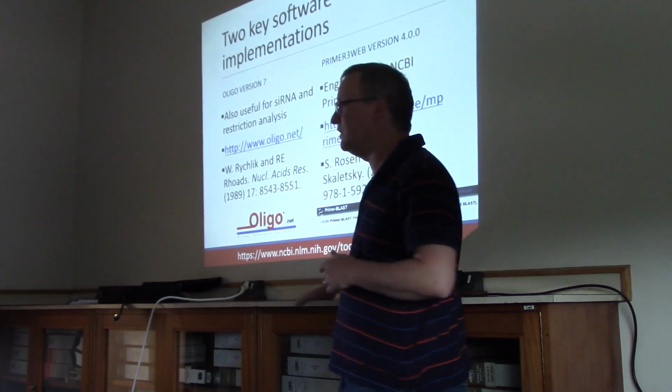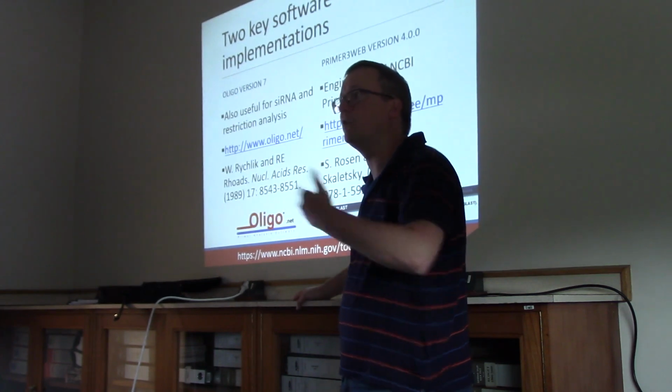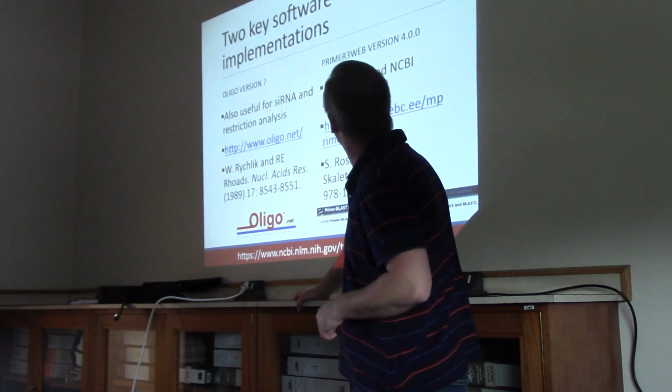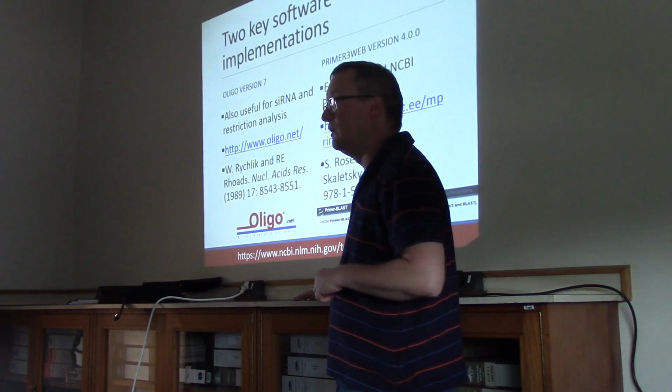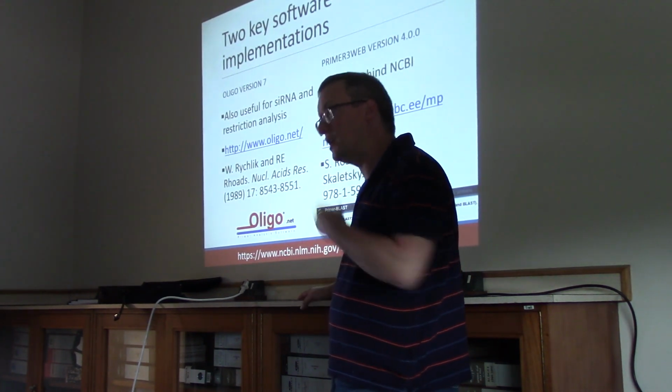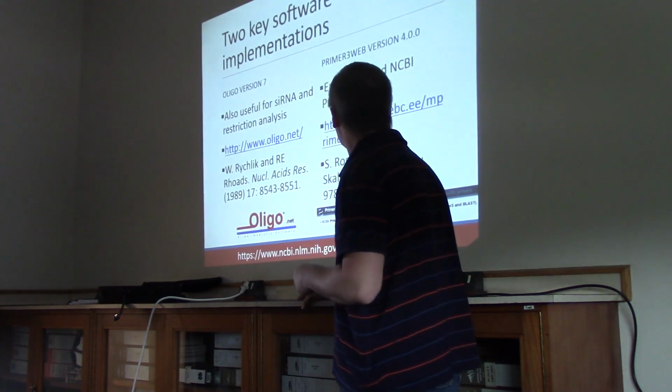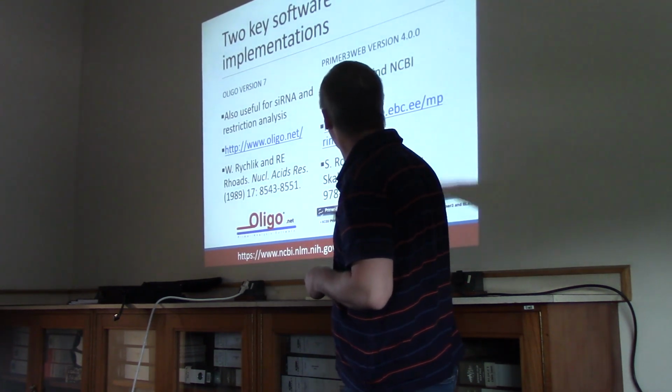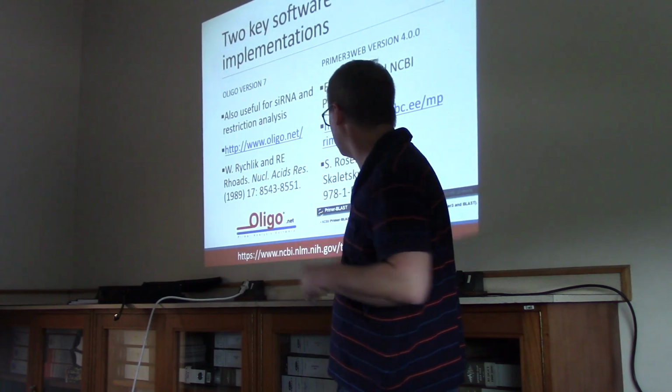But it's also true that you can get information on improved primer design through the Primer Web software. This is built into the NCBI Primer Blast to tell you about which interactions are present with that. So you can find that at this URL. That was published back in the year 2000.